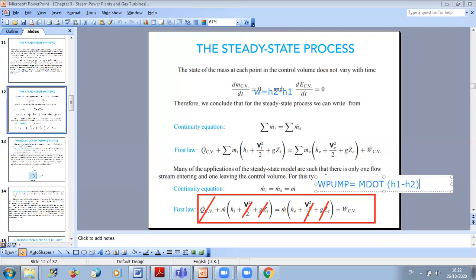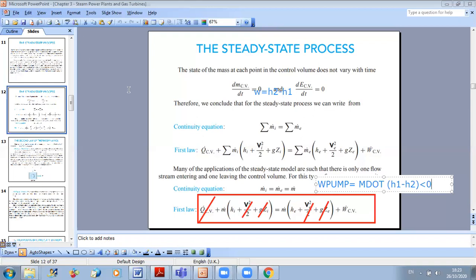When you do m dot times h1 minus h2, you will have a negative result, and this means that your pump is taking work from outside. It's not producing work. So if you put minus W pump in your calculation, then W pump will be m dot times h2 minus h1, because it's a work that is going inside your system, not produced by your system.